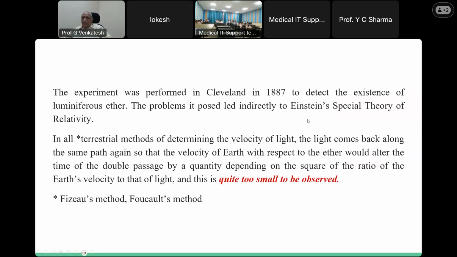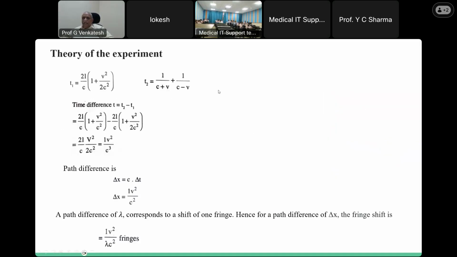And if you consider a brief theory of this, the time taken for the light to travel along the direction in which the Earth is moving is L by C plus V in one direction, and in the reverse direction it is L by C minus V. And in the perpendicular direction, it is the same in both cases.